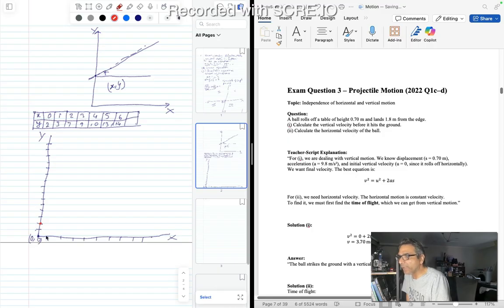X is 1, y is 3. Let's say this. X is 2, y is 7. So 1, 2, 3, 4, 5, 6, 7. So it will be like this.